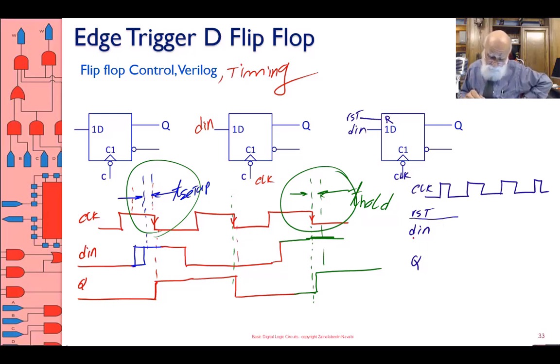Let's say it's not active. The D input is 1. And therefore, this is falling edge, so Q becomes 1.